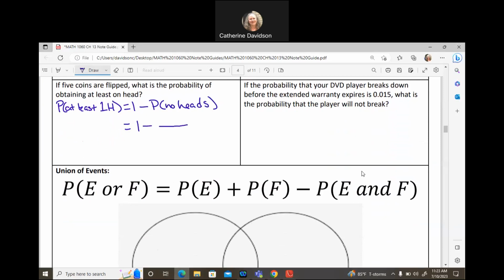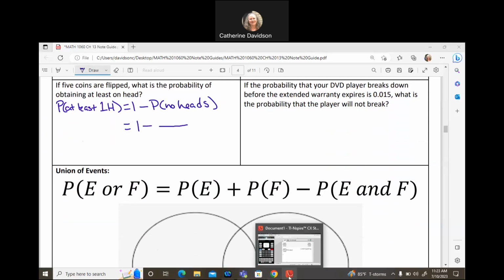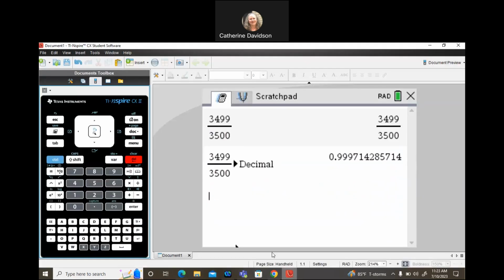We're going to pull from chapter 12. You have 5 coins, and each coin has 2 possible outcomes. So 2, 3, 4, 5.